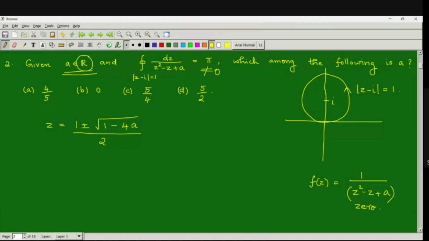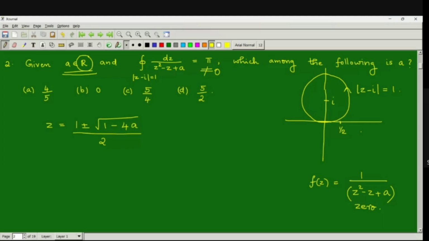Now comes the role of a in R. The next thing you have to do is have a look into these roots. What is this? It is 1 by 2 plus something. So 1 by 2 is somewhere here. Actually, the circle does not pass through this point, it just touches it, right? So 1 by 2 is somewhere here.